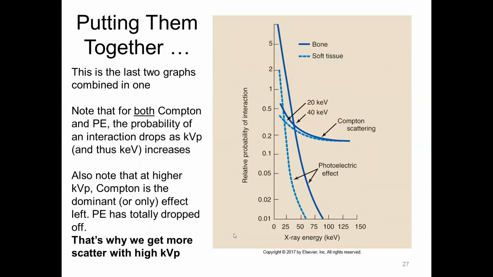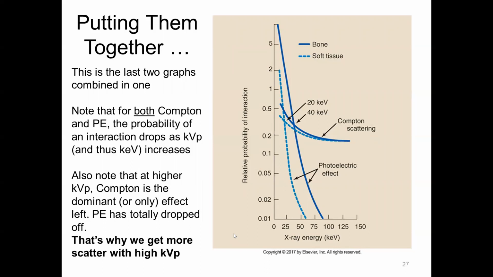This looks more complicated than it is. But all this is the last two graphs put in one picture, because in our exposure, we're dealing with all this at the same time. We're dealing with the odds of photoelectric, the odds of Compton, the odds of transmission. So we're smashing them all together here.